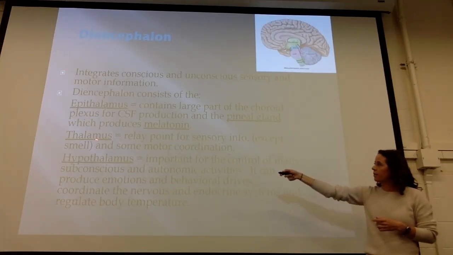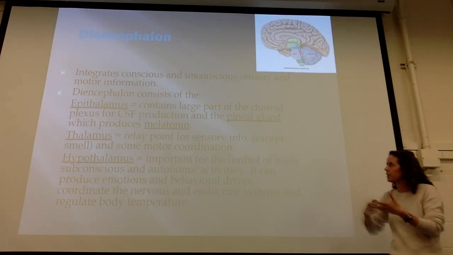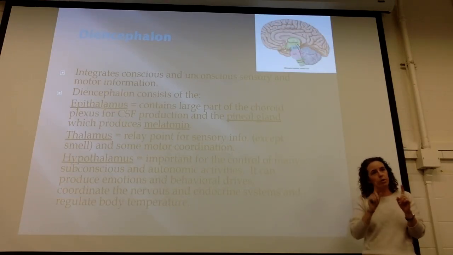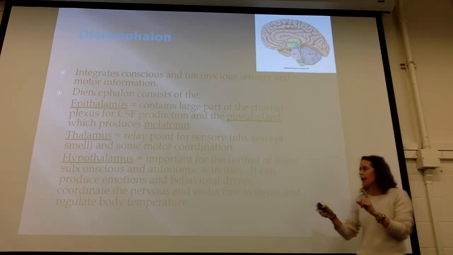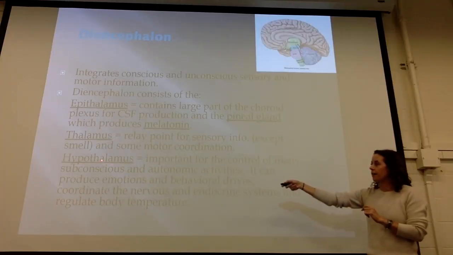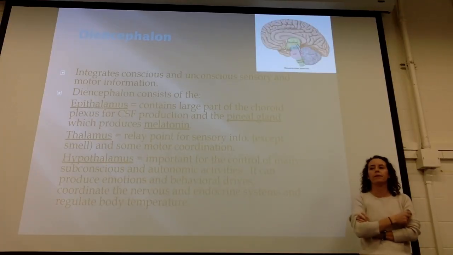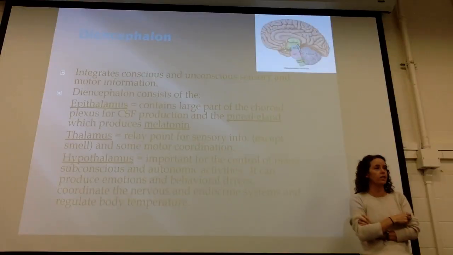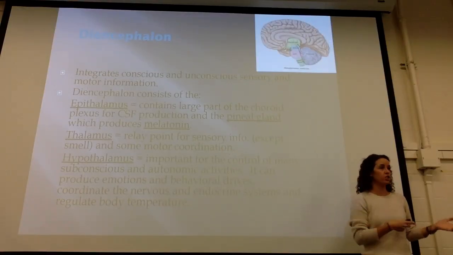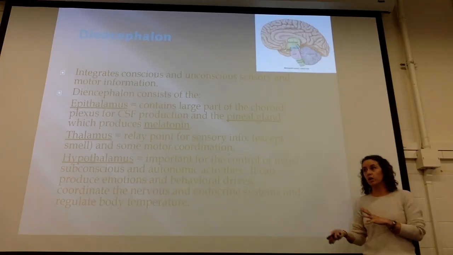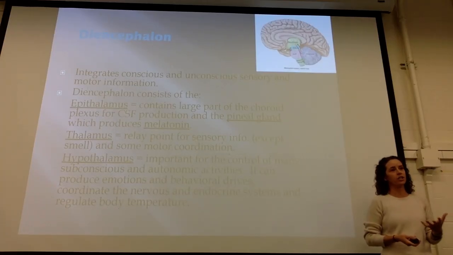The thalamus, kind of in the middle section, is a relay point for sensory information and some motor information. And then the hypothalamus is something that we will talk about quite a bit in the hormone section, in the endocrine system. The hypothalamus does a whole bunch of stuff. It regulates a lot of subconscious and unconscious and involuntary actions.